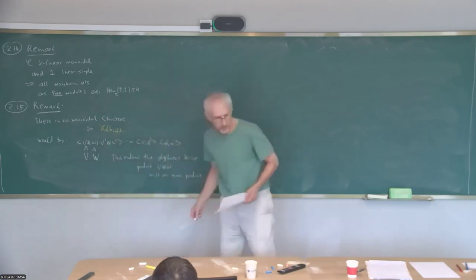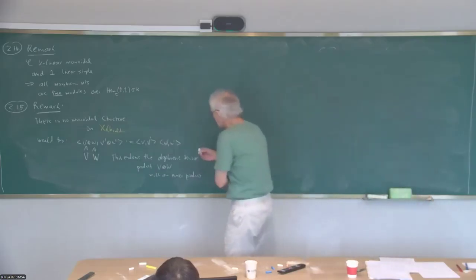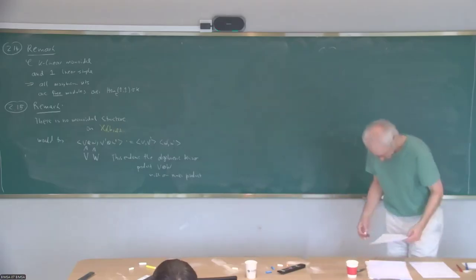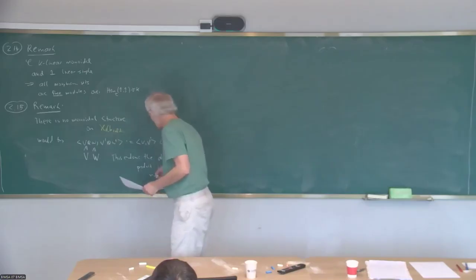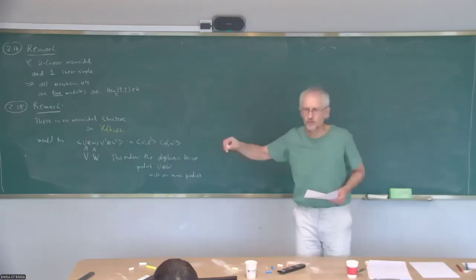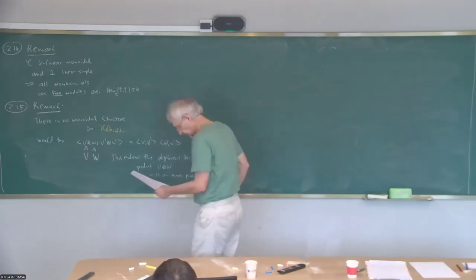So algebraic tensor product means that we define this by having a basis consisting of vectors of this form and allowing for finite linear combinations of them.